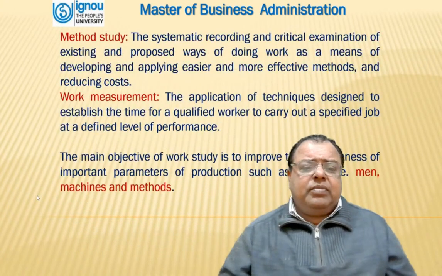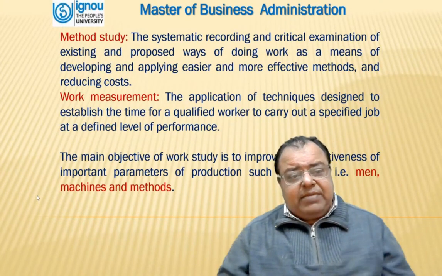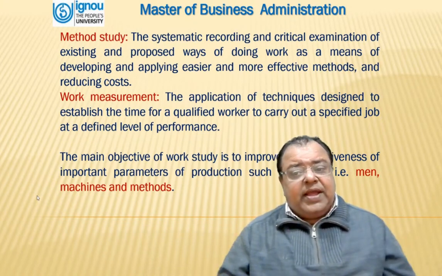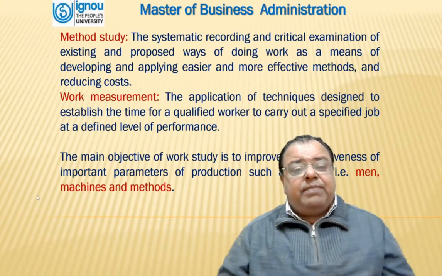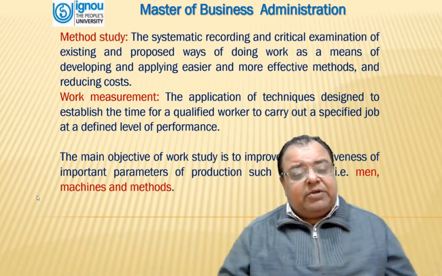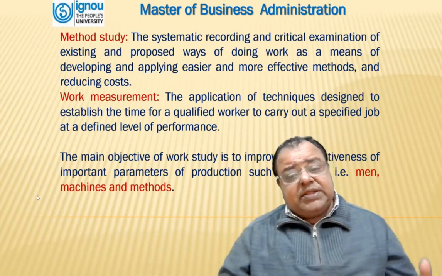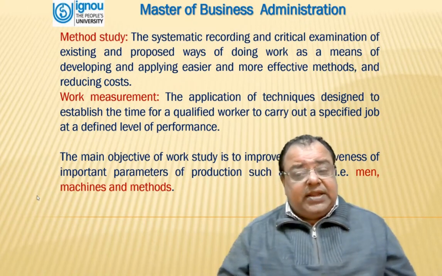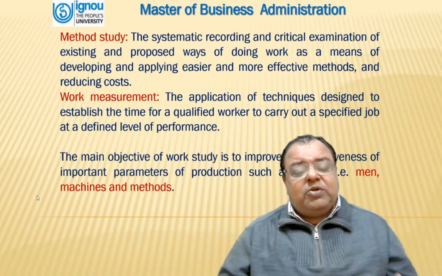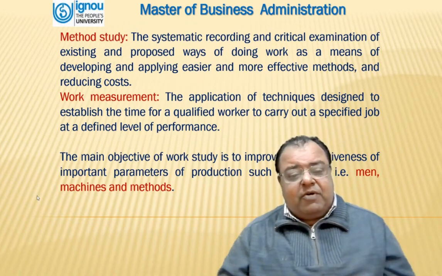Method study: the systematic recording and critical examination of existing and proposed ways of doing work as a means of developing and applying easier and more effective methods and reducing costs. On the other hand, work measurement is the application of techniques designed to establish the time for a qualified worker to carry out a specified job at a defined level of performance.